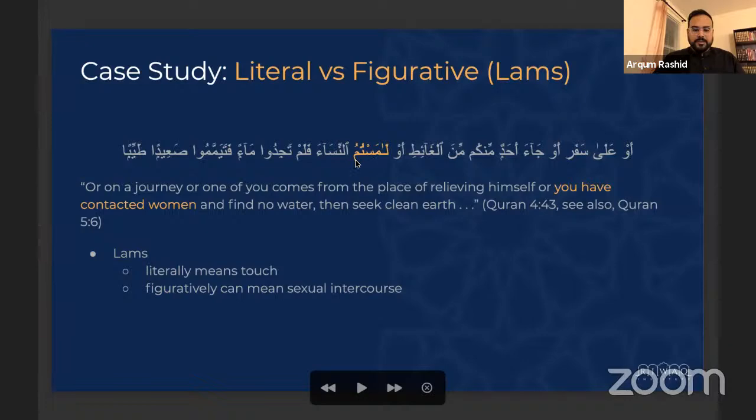That's this word, lamastum. The literal meaning of lamasa is to touch, right? To touch something, skin to skin contact, touch. It can also mean sexual intercourse. So that can be the figurative meaning, right? But it's not the literal meaning of the word lamastum or lamasa.